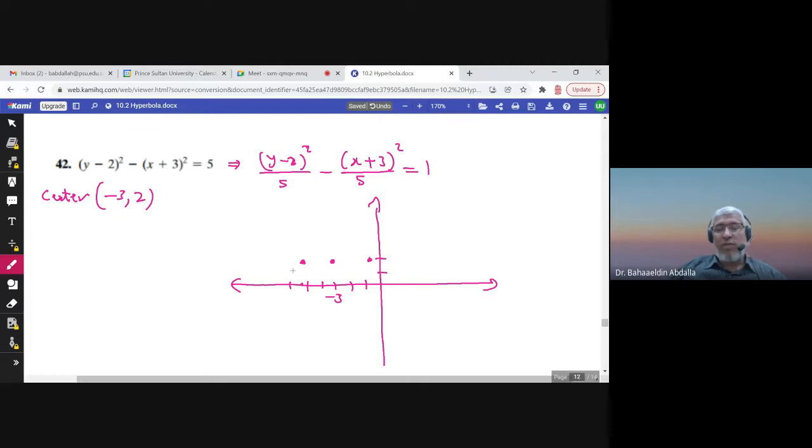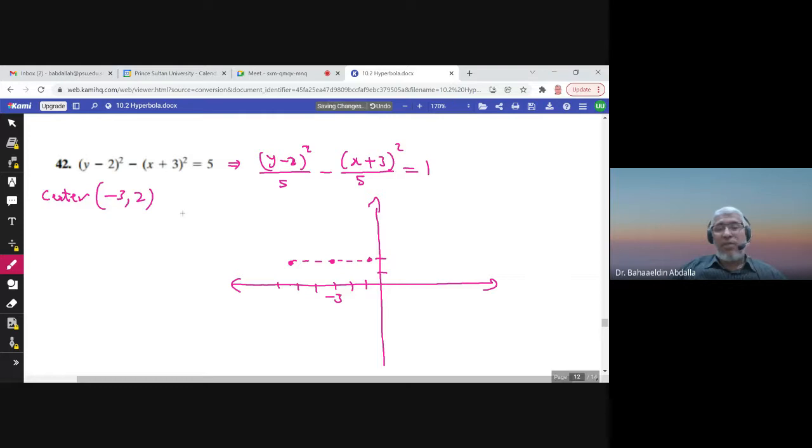Okay. It should be the same distance. Okay. So let us say negative 4, negative 5, and here, for the graph to be accurate or close to.